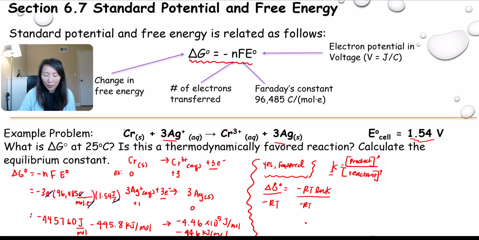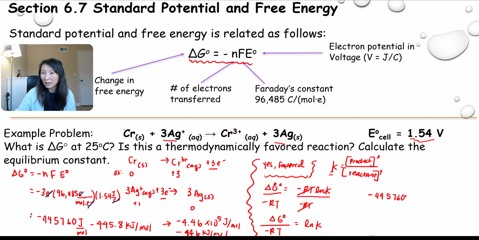And I'm going to go ahead and cancel this out, and we're left with ln of K is equal to delta G naught all over -RT. So delta G naught is -44760.